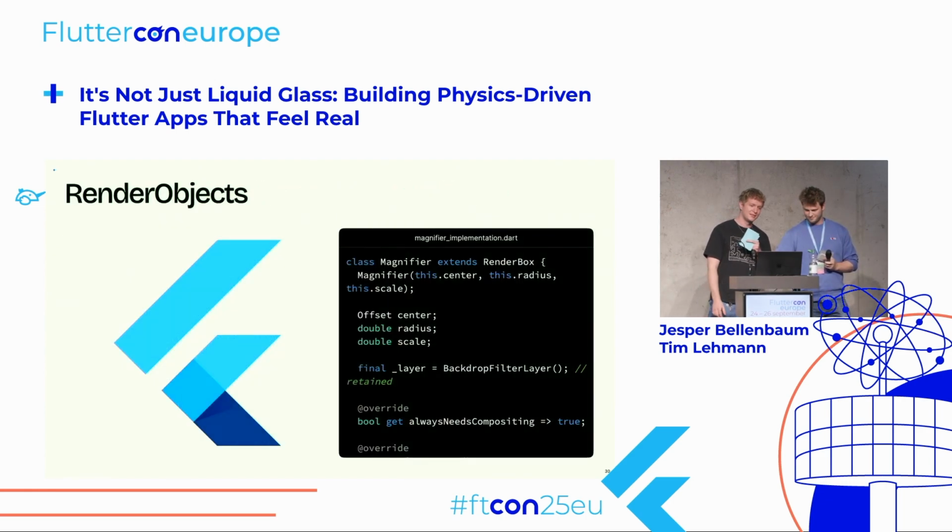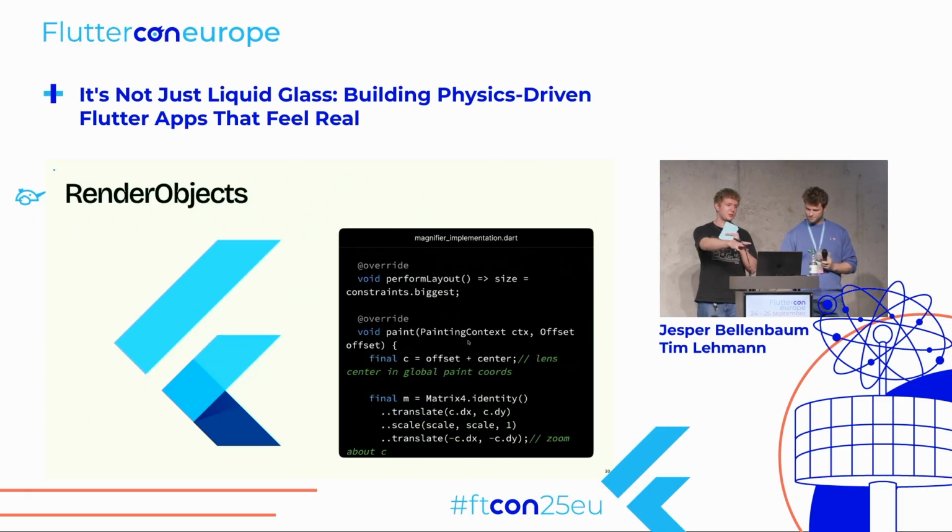Cool. If you want to take it even further, you can use a render object. And that basically does what the CustomPainter does for you. But on top of having access to the canvas, you have access to the child's layout, as well as painting the child.